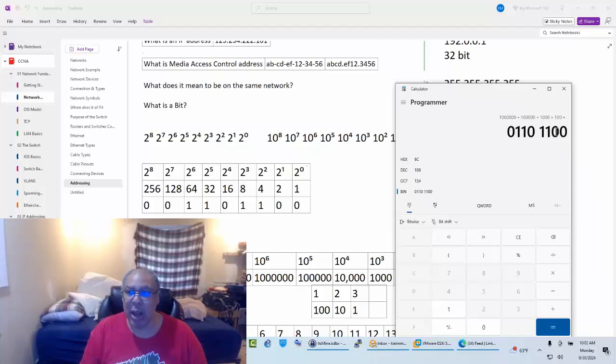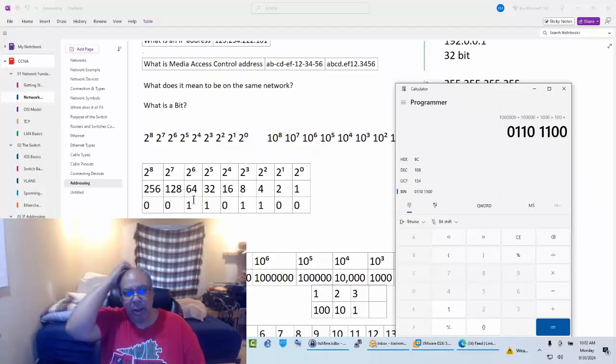So 0, 1, 1. How many places does it have? 1, 2, 3, 4, 5, 6, 7, 8. So we have 1, 1, 0, 1, 1, 0, 0. 1, 2, 3, 4, 5, 6, 7, 8. Okay, so I have 9 places there. Kind of interesting.